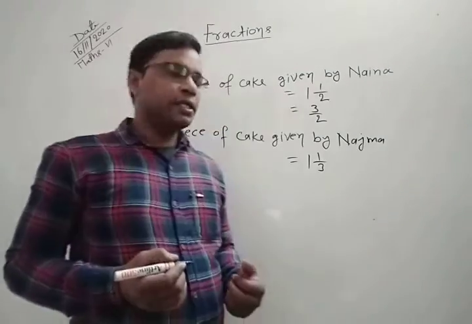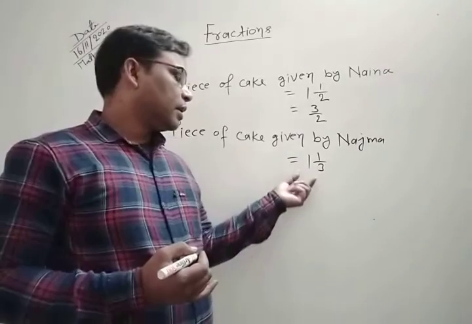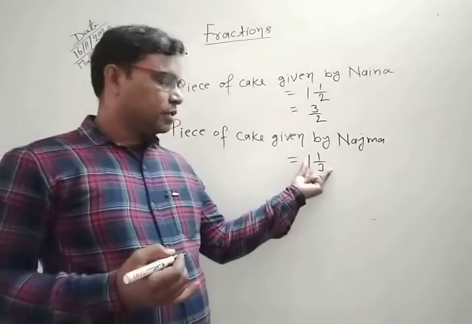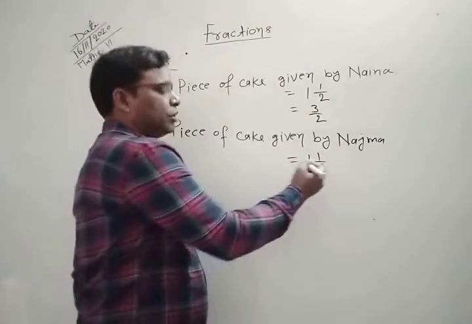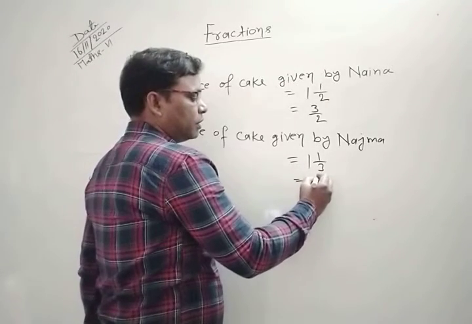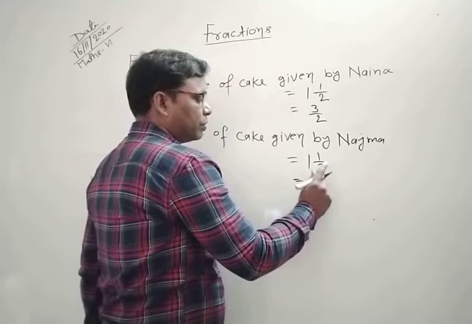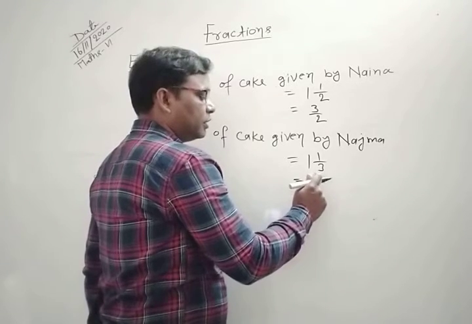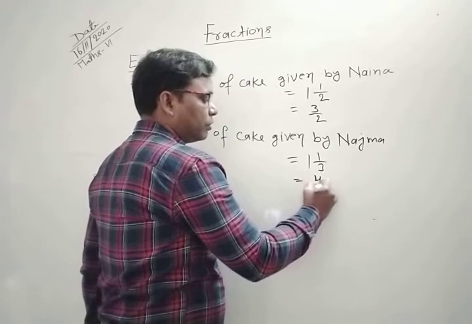When you convert it into an improper fraction, because this is a mixed fraction, we obtain 3 into 1 is 3, plus 1, which is equal to 4. This is equal to 4 by 3.